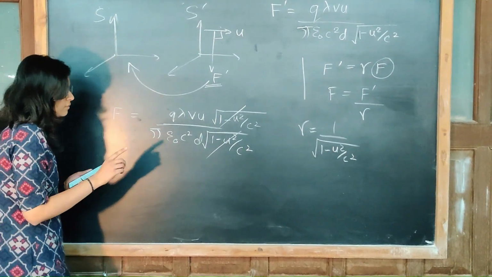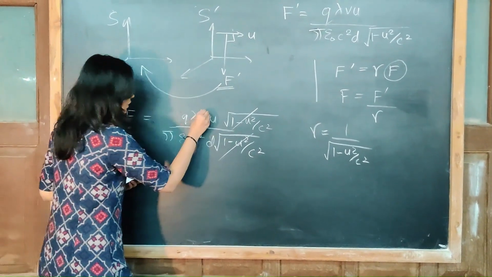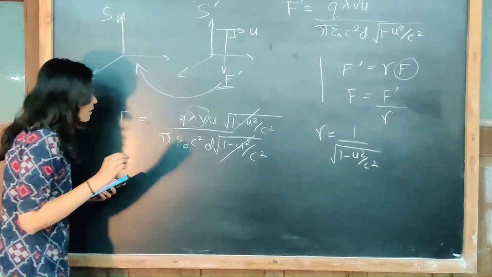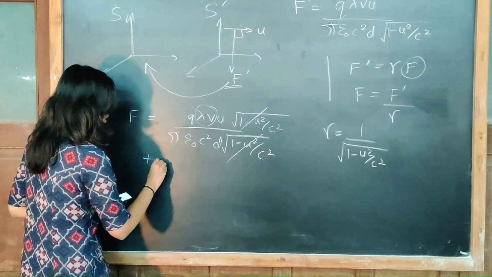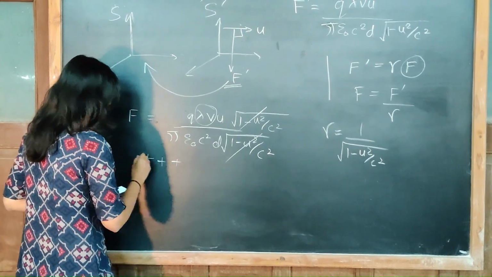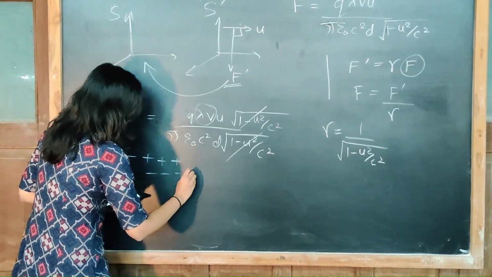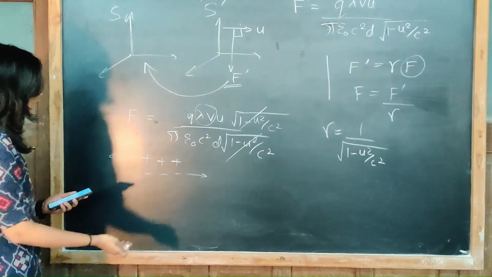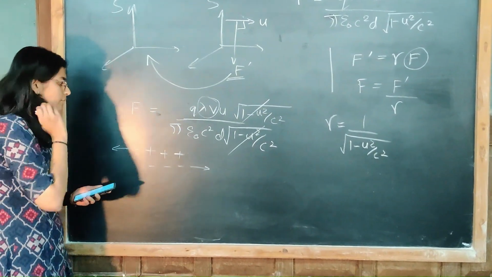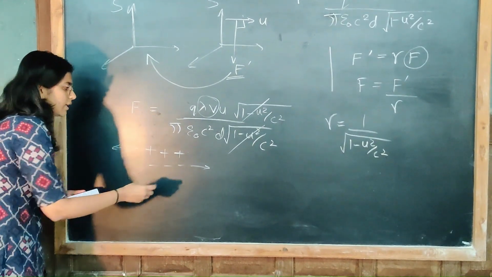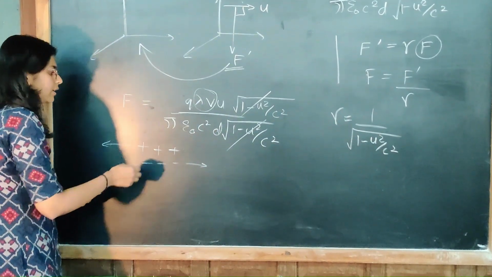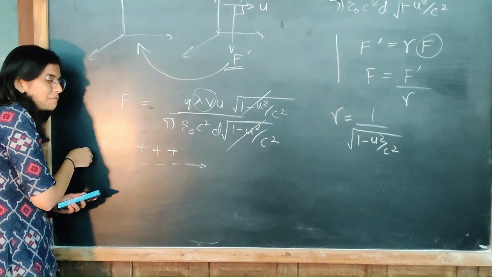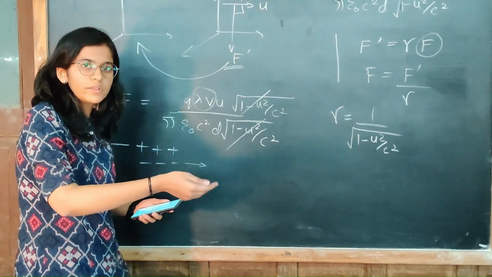Now here again, I want you to notice lambda times v. Initially when we had considered our setup, there were some positive charges moving towards the left, I suppose, and negative charges moving towards the right. I may have drawn the directions wrong, but it still suffices to say that these constitute a current. Essentially, positive charges moving towards the left is the same as negative charges moving towards the right.